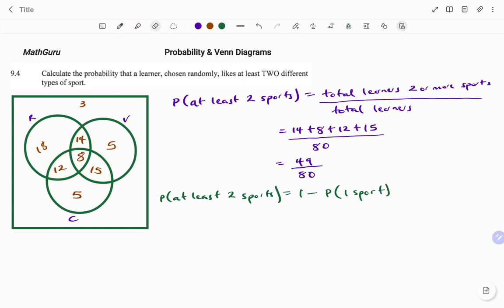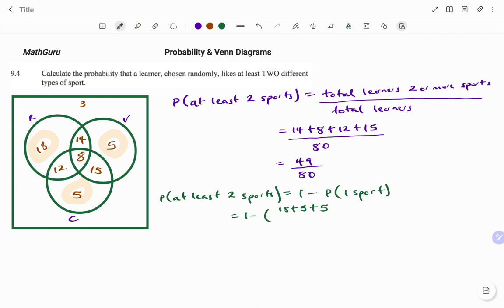To find the number of people taking 1 sport, those are numbers highlighted in my Venn diagram. So that will be P at least 2 sports will be equal to 1 minus P 1 sport will be 18 plus 5 plus 5.